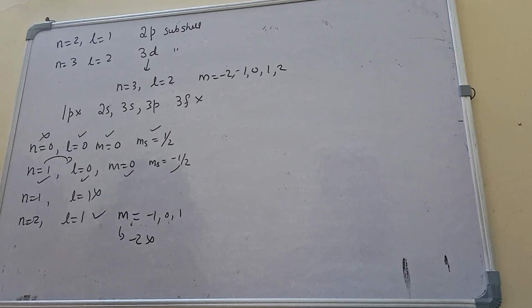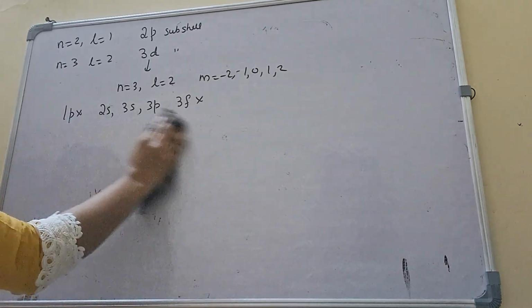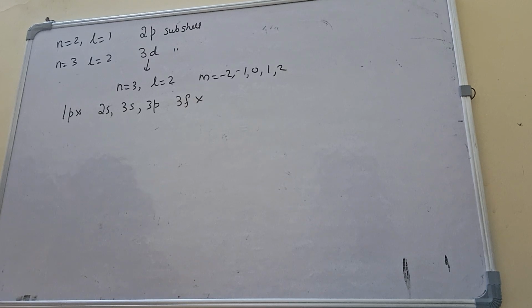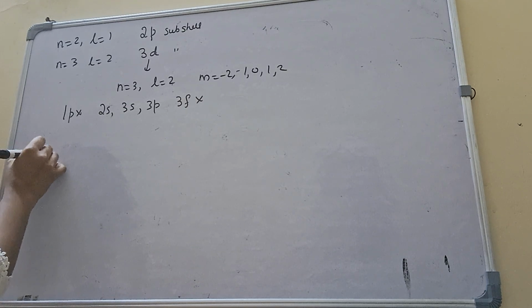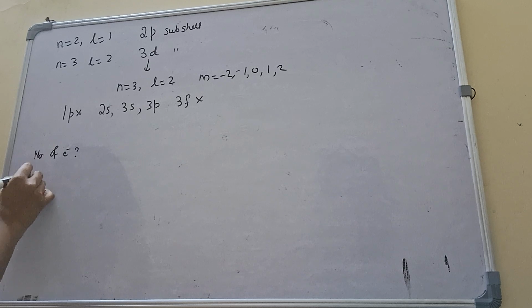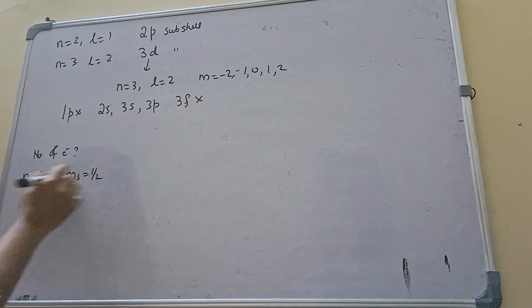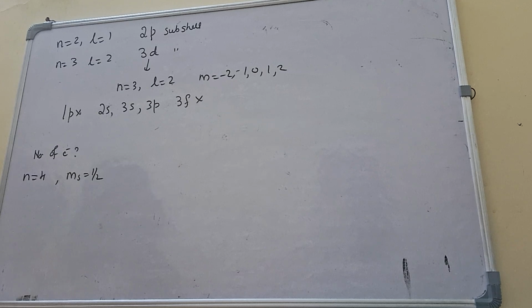And one more set of questions will be how many electrons can have these numbers. Okay, so the number of electrons having the following numbers. How many electrons have n is equal to 4 and ms is equal to half? They can give you any combination. See, n is equal to 4. That means it's the fourth shell.